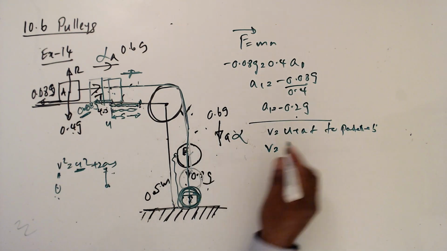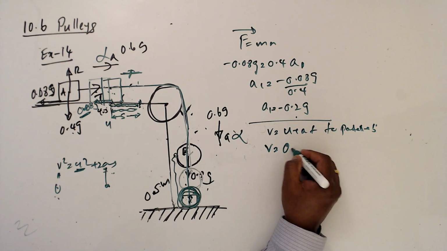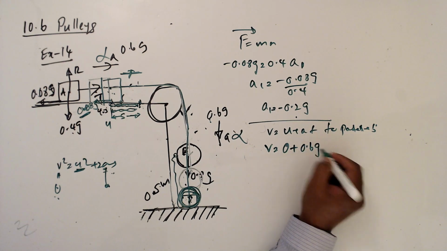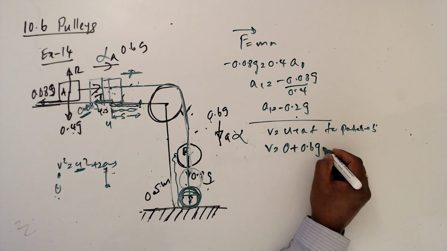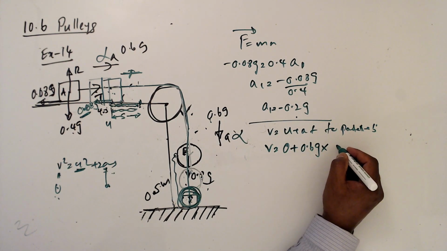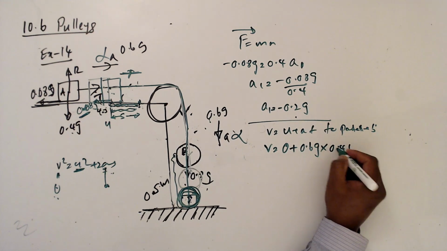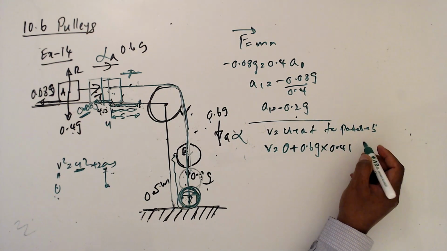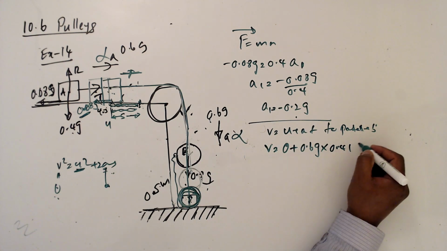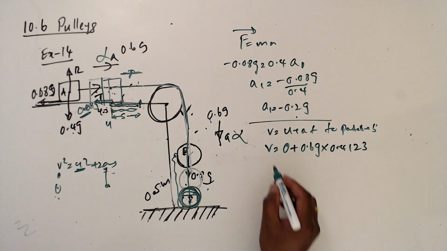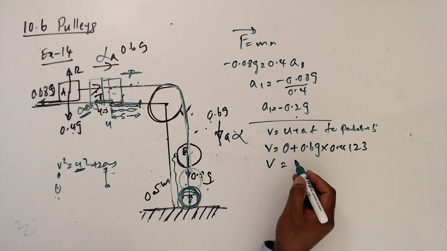It is starting from 0, and the acceleration is 0.6 g, and t we found out is 0.41. Without rounding up, the figure should be 0.4123. Then we can find this v value.